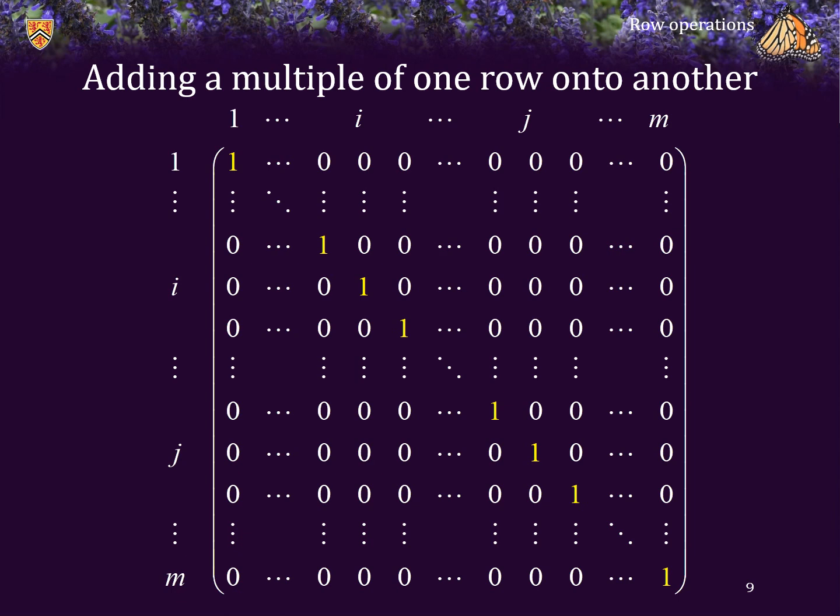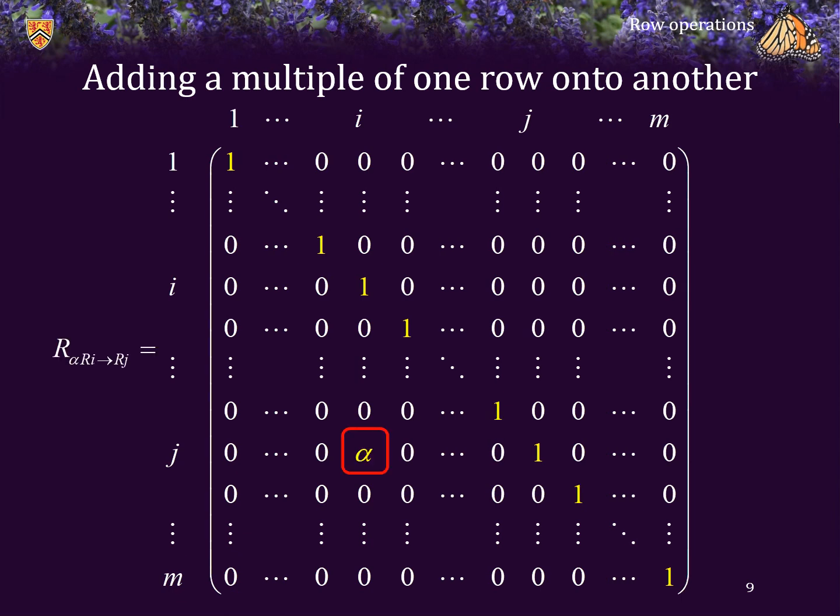What that means is we have to set that one entry there to alpha. So that one entry there will then, when we are calculating the jth entry of the product, be alpha times u_i plus u_j. So again, adding alpha times the ith entry plus the jth entry, and that will end up being the jth entry of the result.